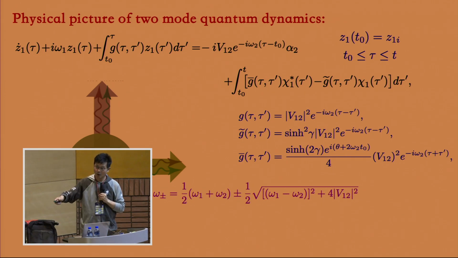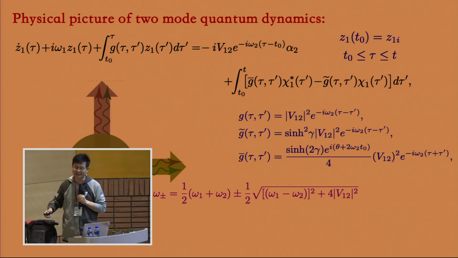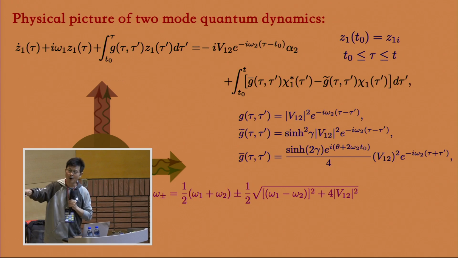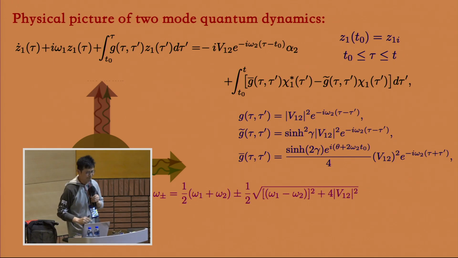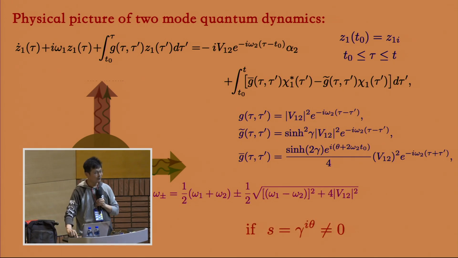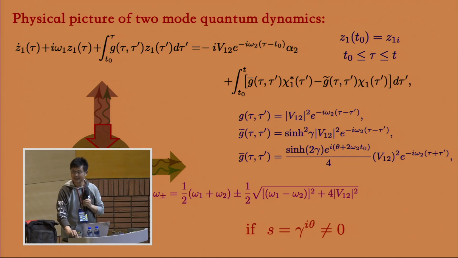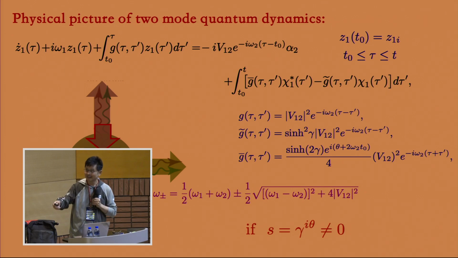And then, if it is a squeezed state, you have other contributions. Those contributions will make the causality break. Okay? So, if S is not equal to 0, you have those terms. If it is 0, then those terms will go away, so the equation recovers the causality.